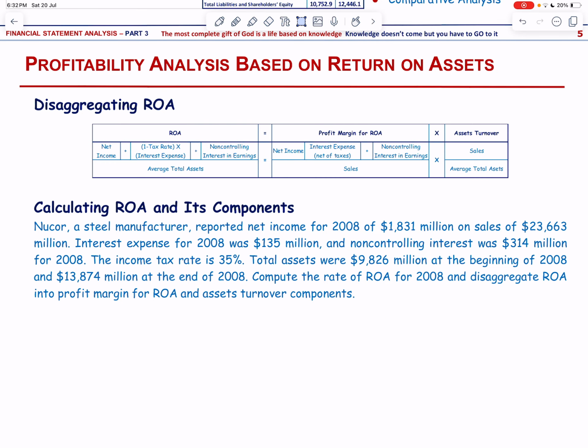Now the net income is 1,831. So we have net income of 1,831 plus 1 minus tax rate, and the tax rate is 35%, 0.35, times the interest expense, and the interest expense is 135 million. And we are going to add to this non-controlling interest in earnings, and the non-controlling interest in earnings is 314.